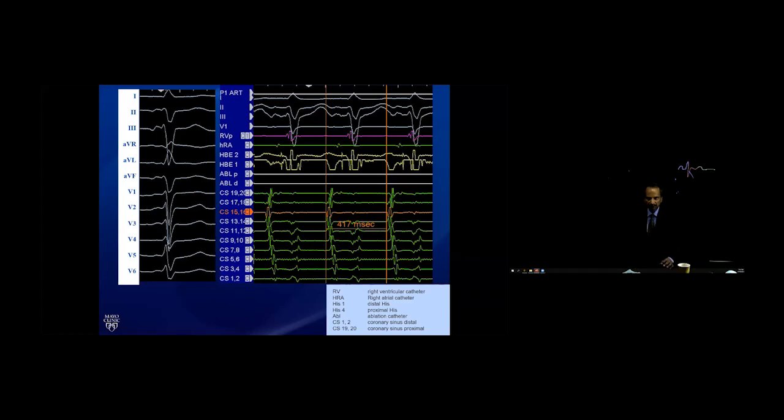So let me use this example. This is an example of a patient who had ablation for AFib, but really, retrospectively, when we looked at this case, all along it probably was an atrial tachycardia, or some focal source tachycardia. This was the P-wave morphology, and this was an extensive set of electrodes for mapping.